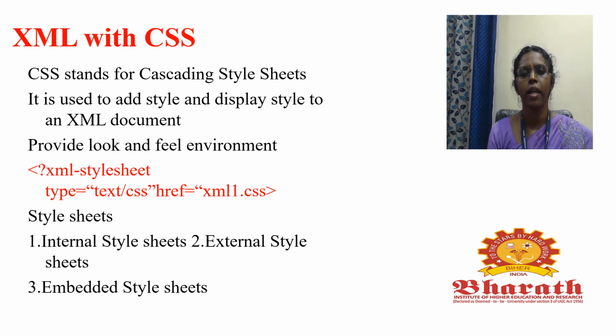How can we create cascading style sheets within an XML? As we know very well, we have three types of style sheets: internal style sheets, external style sheets, and embedded style sheets. In this example, the above syntax shows how we can embed an external style sheet within our XML program.